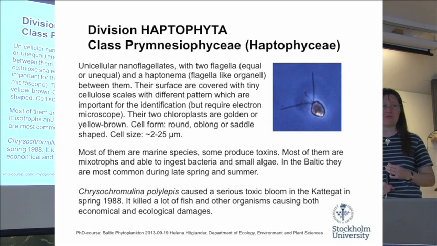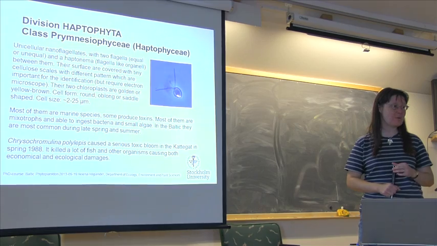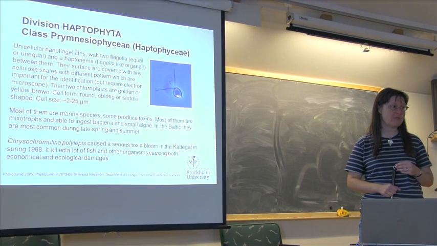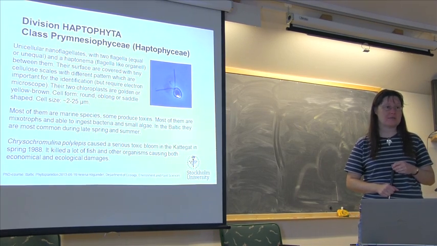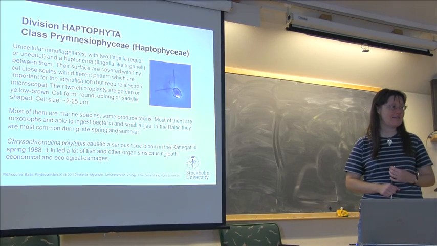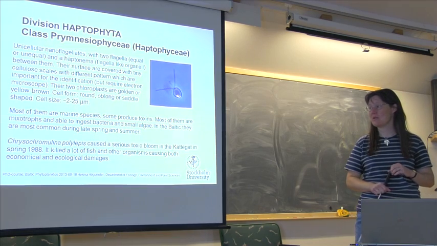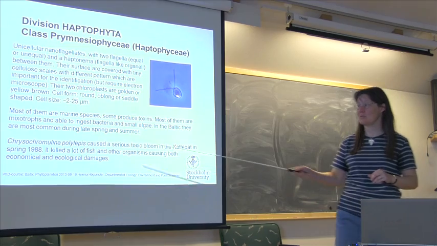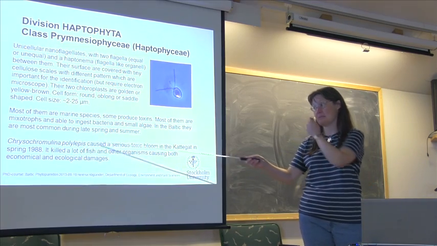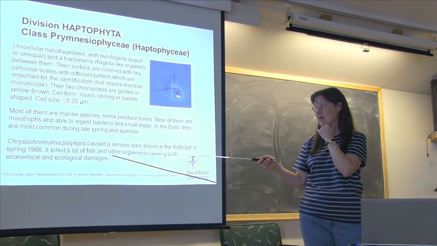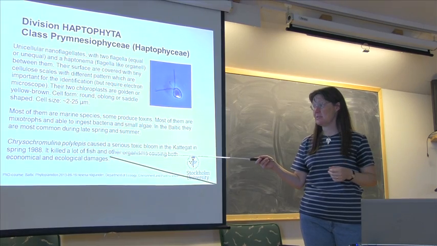Maybe you've heard about a great bloom in 1988 on the Swedish west coast, that there were a lot of fishes and also seals and other animals had problems, and it seems that it was caused by Chrysochromulina polylepis, one of these groups, and it can be very toxic when you have high abundances of it.